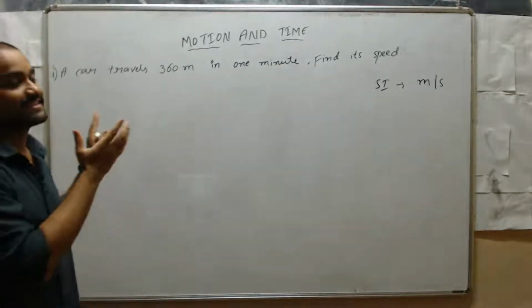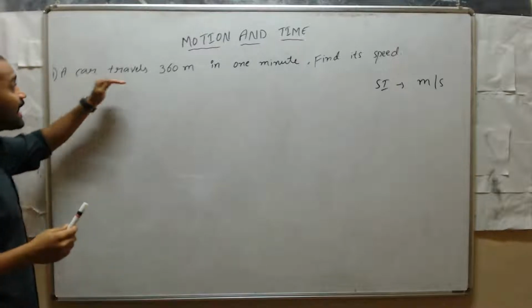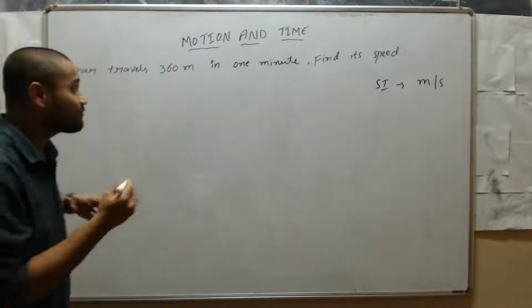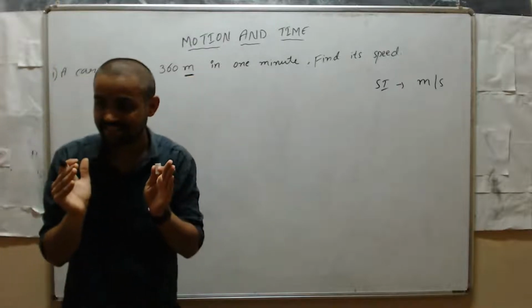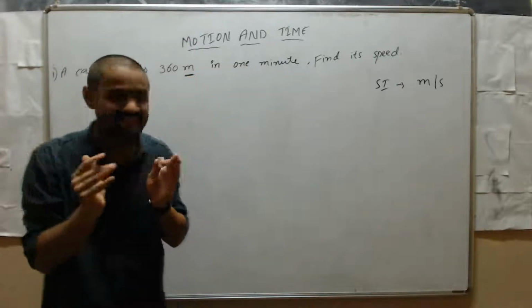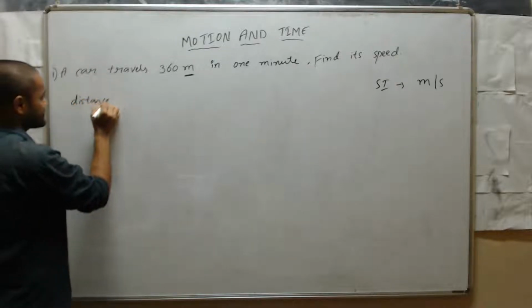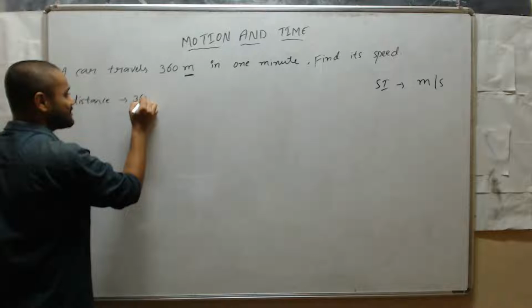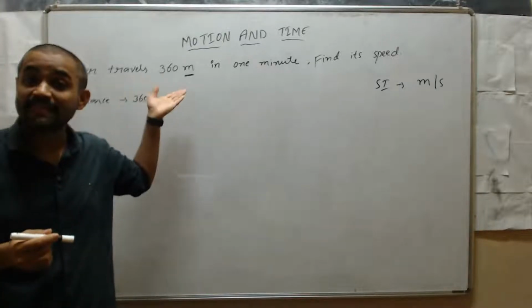Now come to the question. A car travels 360 meter. Here meter means it is distance. How can we say that this is the distance?